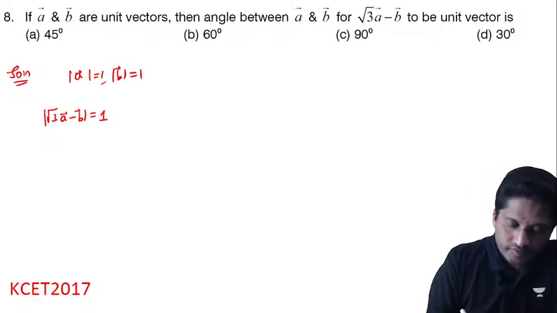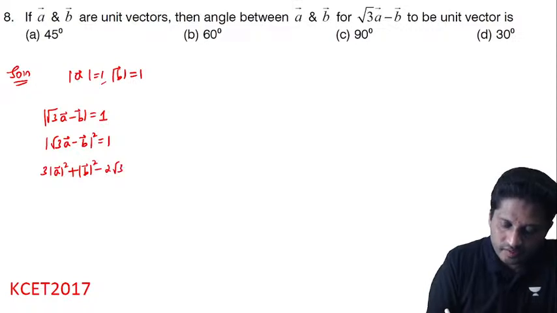Now if I square on both sides, you get root 3 A minus B the whole square equal to 1, which is 3 into mod A the whole square plus mod B square minus 2 root 3 into A dot B is equal to 1.